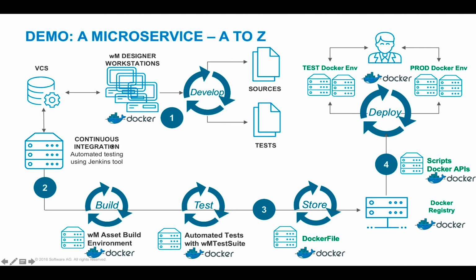And then we'll plug that into Jenkins to do automated builds and automated testing. Jenkins in turn will create basically these build pipelines where it will first build the solution, then test it, and then the last step will be to store it into a Docker registry, right?